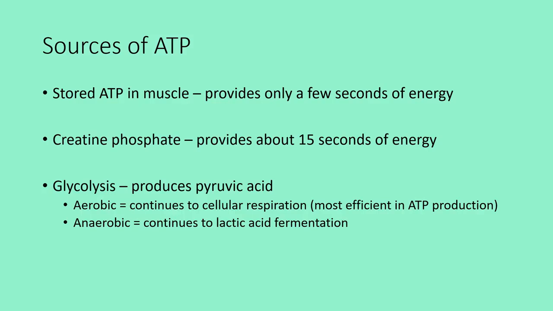Now initially, I'm going to use it some, but if I start running, I don't have the excess oxygen supply. I'm going to run out basically at the cellular level. I'm going to run out of oxygen really quick. So what will happen is I'll convert to anaerobic, to this lactic acid fermentation. I will still be able to produce some ATP. I'm taking the pyruvic acid and I'm producing lactic acid.